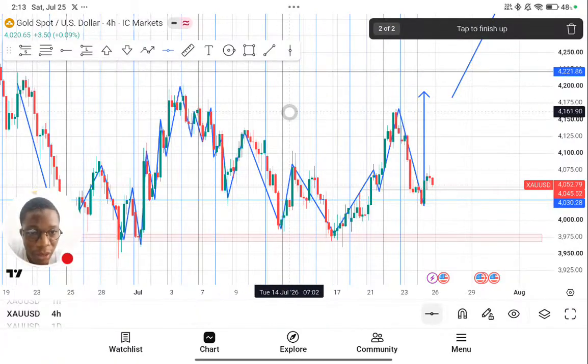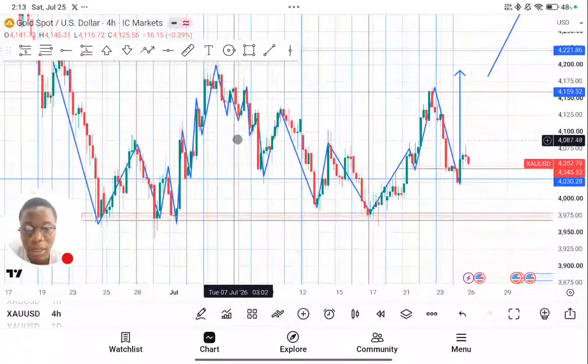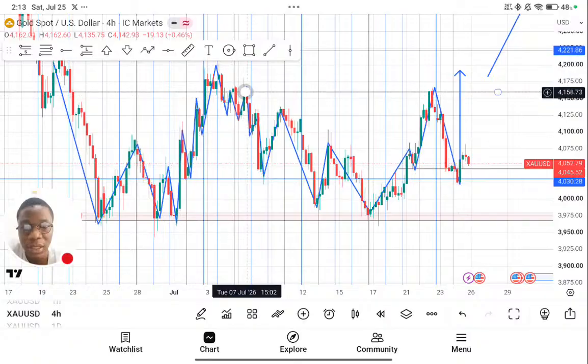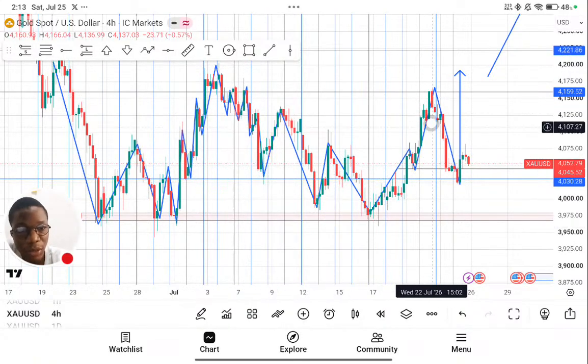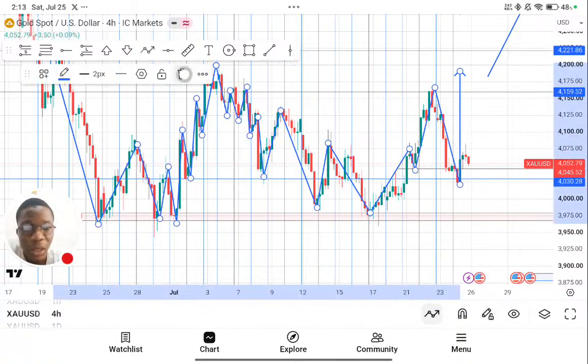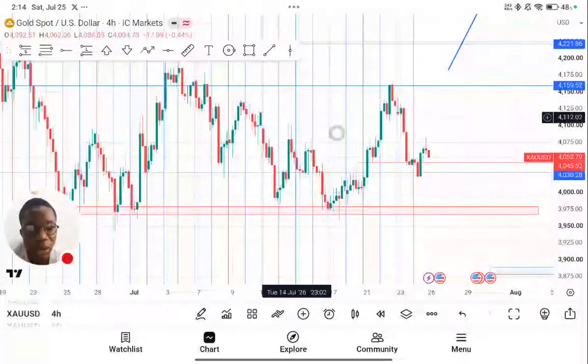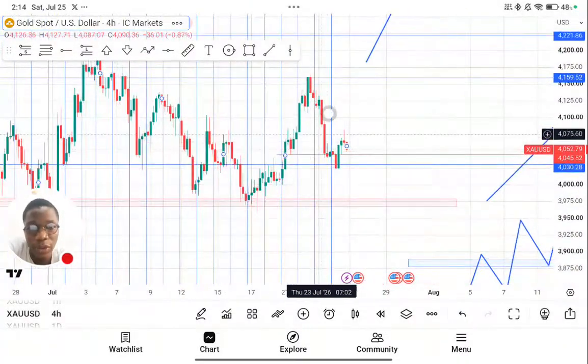And if you check, you'll find a story behind it. What happened? Price came, tested that level, and continued to make new lower lows. So price came back to that same zone. Now it's here. So in this opportunity, we'll be looking for the retrace.